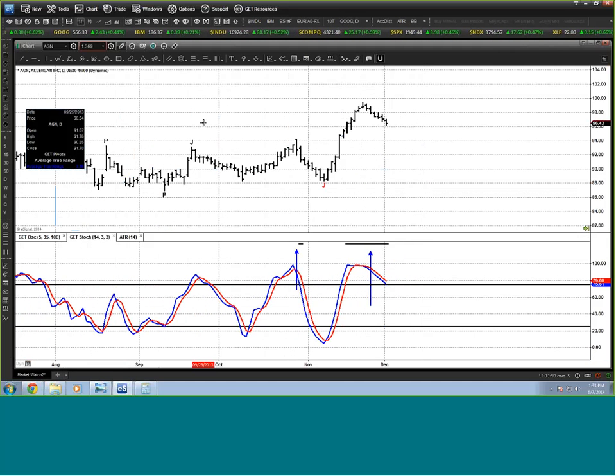When you see the false bar, the indicator is telling you, hey, this market is no longer low volatility. We're switching to higher volatility.